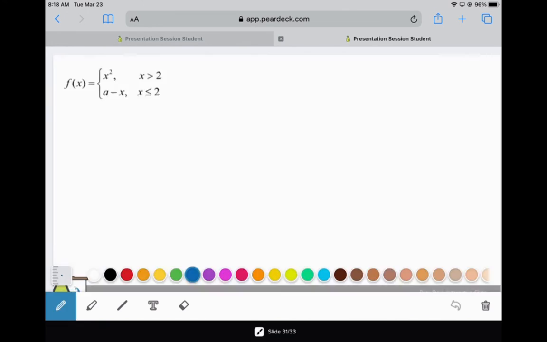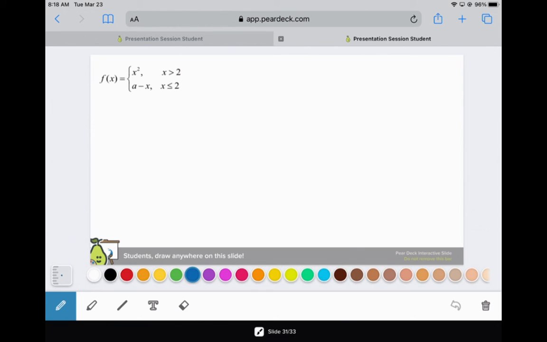So let's move on to the next one. Let's do another one. Hopefully that would make more sense. We want to solve for this value A right here. We want to know what that value is so that the function is continuous at 2. That's what we're trying to do. I know we just briefly talked about it.